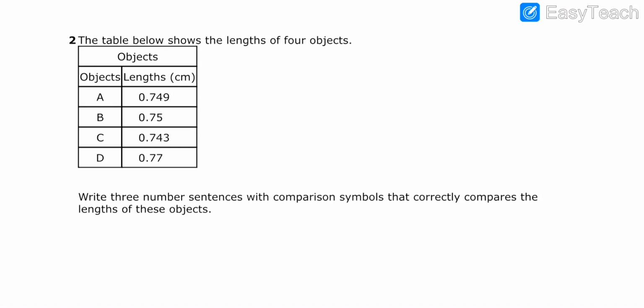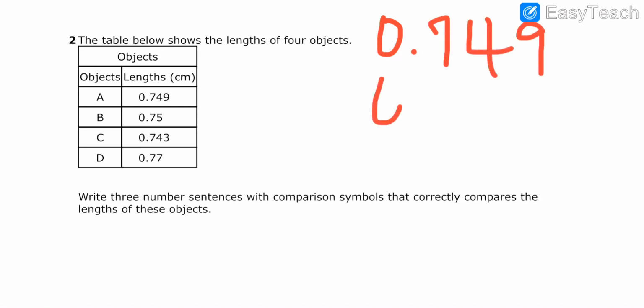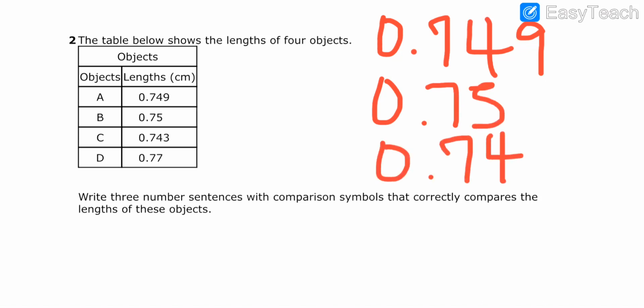So I'm just going to do that on my screen real quick. We have 0.749, which is 749 thousandths, 75 hundredths, 743 thousandths, and 77 hundredths.